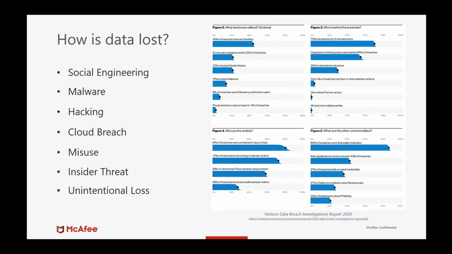When you look at the risk to data from an organization's perspective, and you look at the different manners in which data is lost or leaked, there are quite a number of ways, right? One of the Verizon data breach investigation reports from 2020 states that some of the common reasons why data is lost for organizations is social engineering. There's malware which is disguised as causing potential harm to organizations, but under the guise they steal data and then ask for ransom to give the data back to the rightful owners.